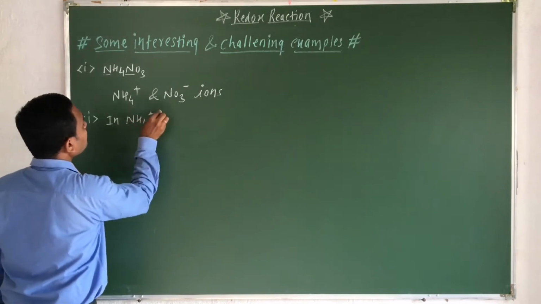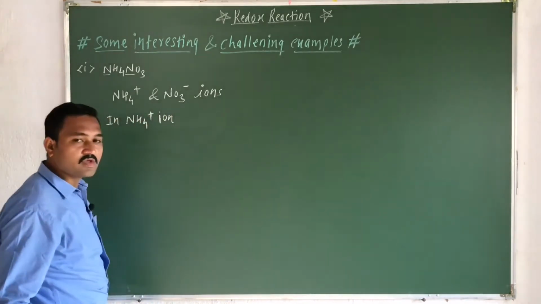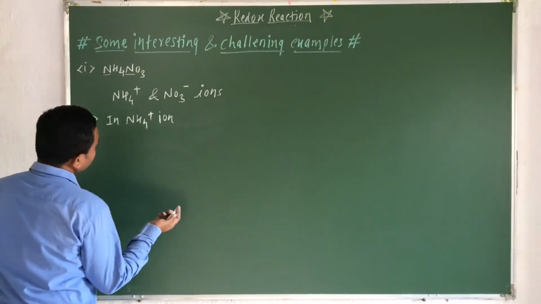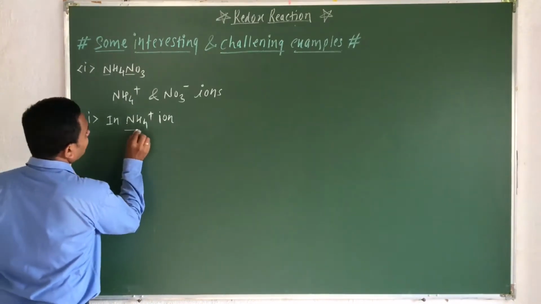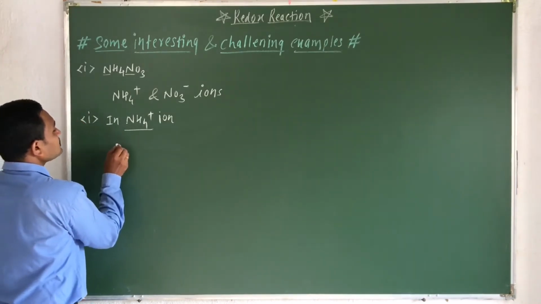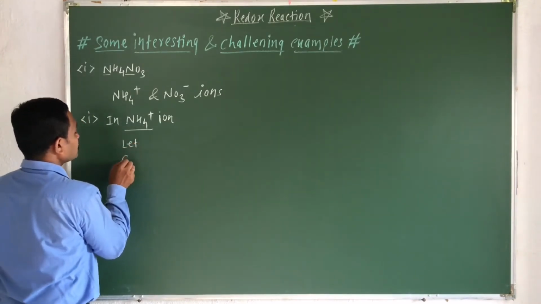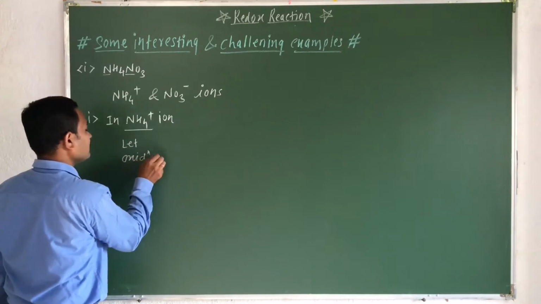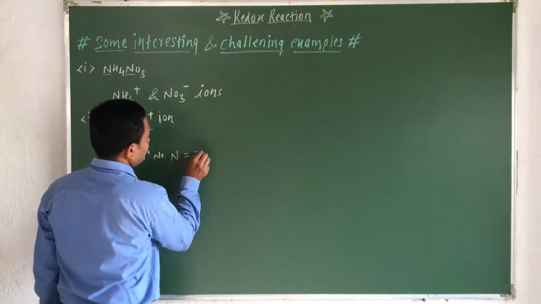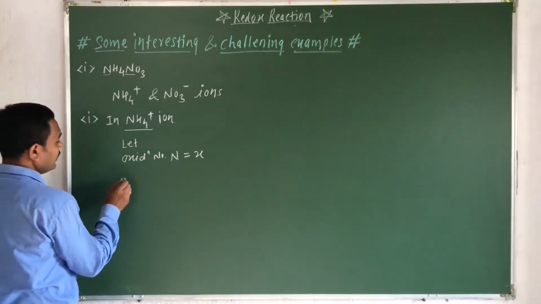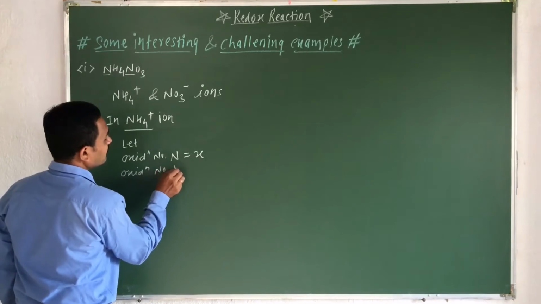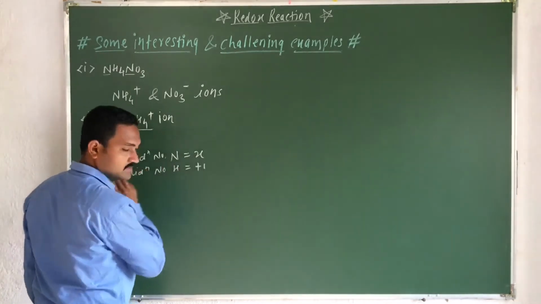For the NH4 plus ion, how do we consider the oxidation number? It is very simple. Consider just the NH4 plus ion. Let the oxidation number of nitrogen equal X, and we know that the oxidation number of hydrogen will be plus 1.